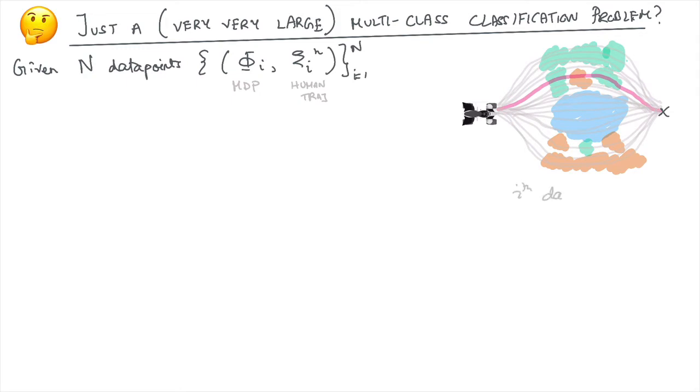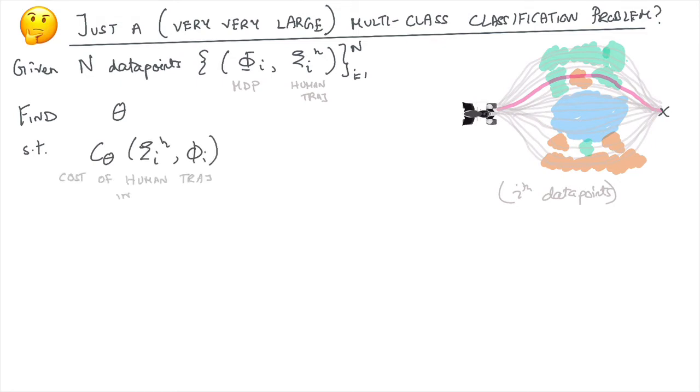And we get n such data points. Our goal is to find a theta such that the cost of the human trajectory in the MDP is smaller than the cost of any other trajectory in that MDP.